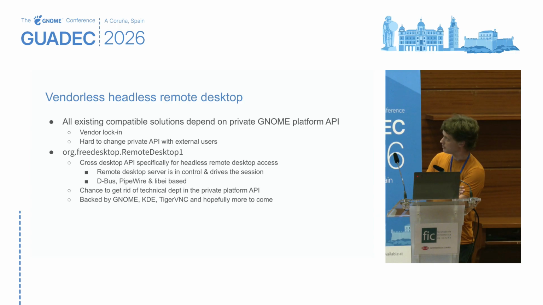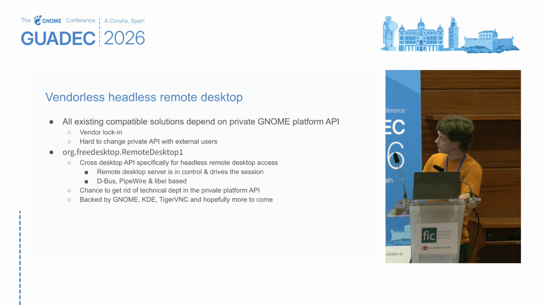It's highly inspired by what we already have, so it's reusing all the things that we have added, PipeWire, libei. It's very explicit about the remote desktop server being in control and driving the session so that it can conceptually be seen as a replacement for KMS and input evdev.